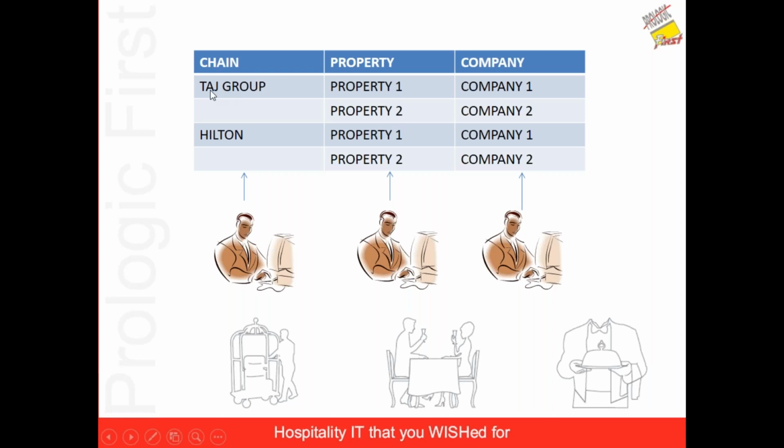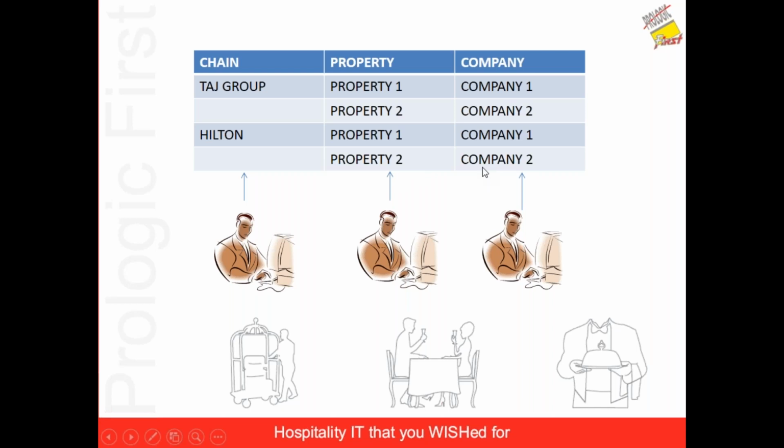So giving an example of the chain, property, and company concept, say the chain is called the Taj Group, which has property 1 and property 2. Property 1 is managed by company 1, property 2 is managed by company 2. I have another chain called Hilton, which also has two properties, property 1 and 2. Property 1 is managed by company 1 and property 2 is managed by company 2.